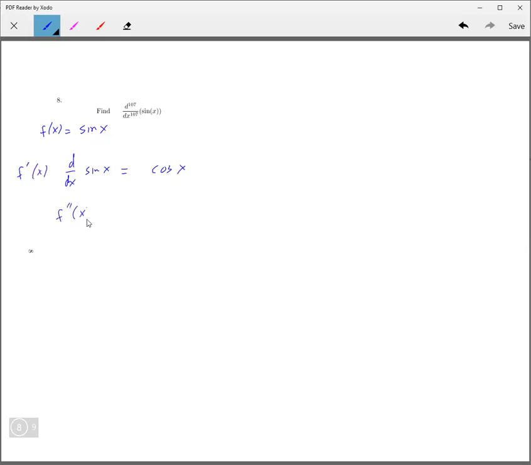The second derivative. So that would mean that this is the 107th derivative of x. Okay, second derivative is going to be, okay, derivative of cosine is negative sine, right? And then the third derivative, this is 3. Usually you put 3 primes, but since we're going to be going all the way to 107, I'm just going to put a 3.